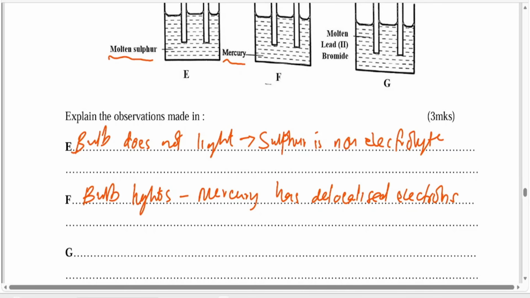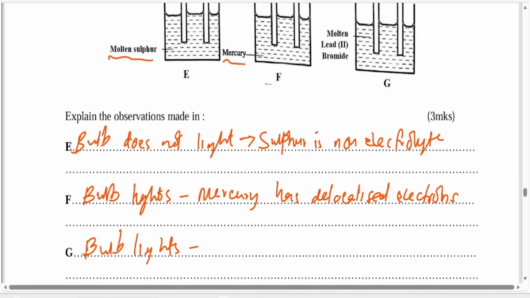In G, we have molten lead II bromide, and as we know, we have mobile ions in molten substances. So in this case, the bulb lights.